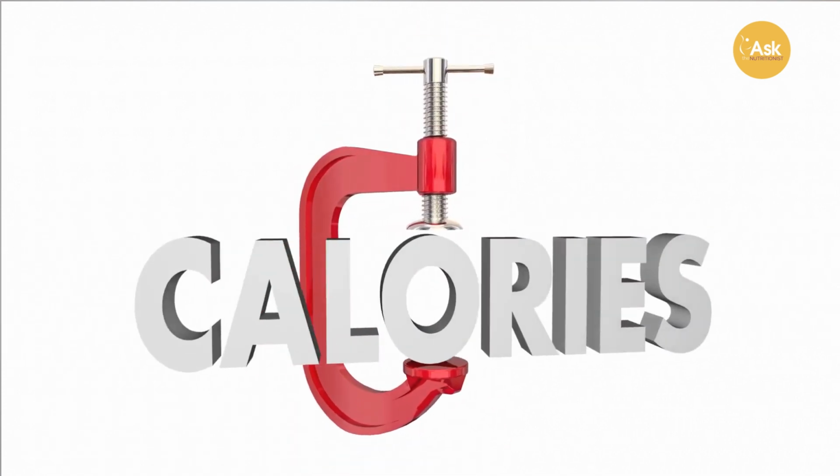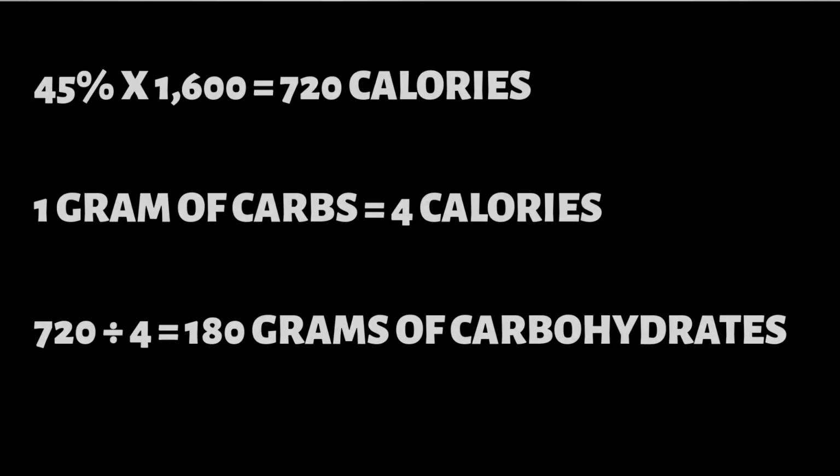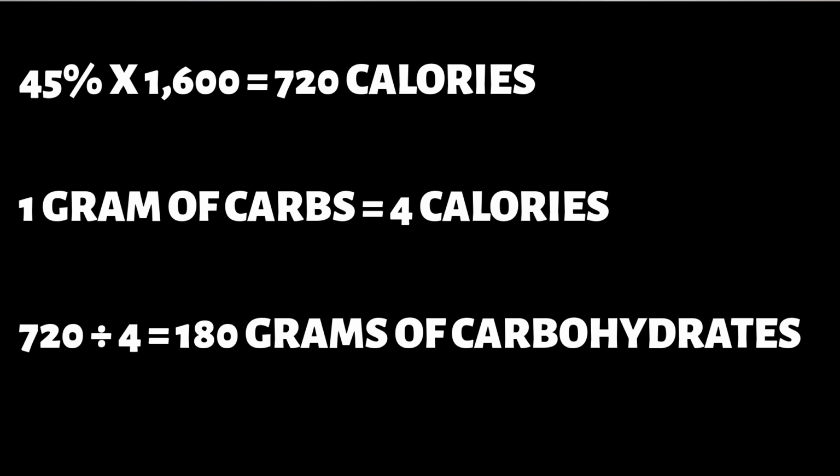For instance, if your doctor says that you need 1600 calories for you to be able to mitigate your blood sugar levels, then out of this 1600 calories, you only need about 45 to 65% from carbohydrates. So for instance, you will take 45% of 1600, which is 720 calories, and then you divide that 720 calories by 4.